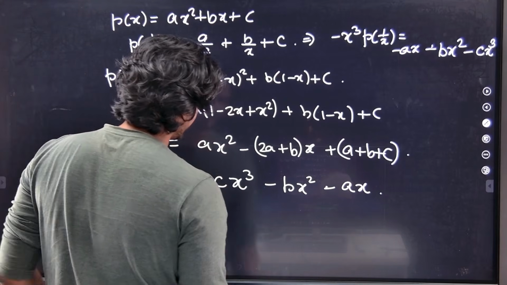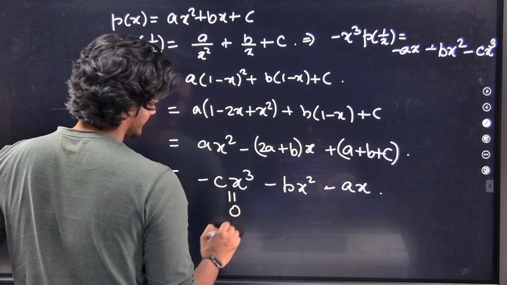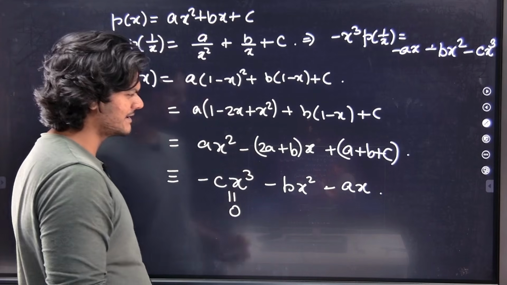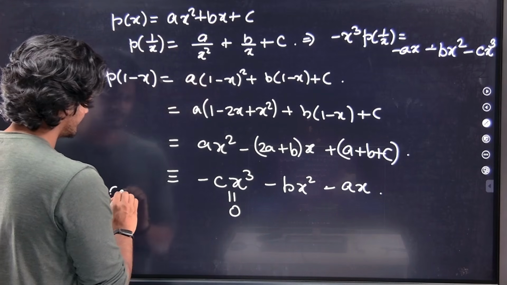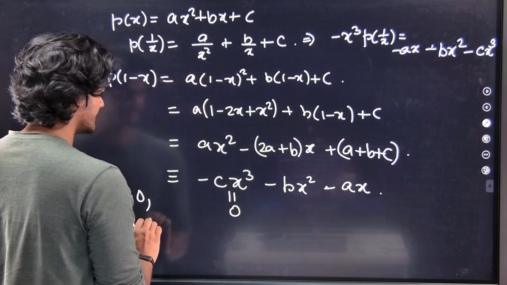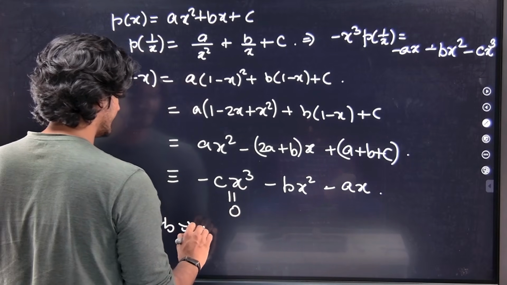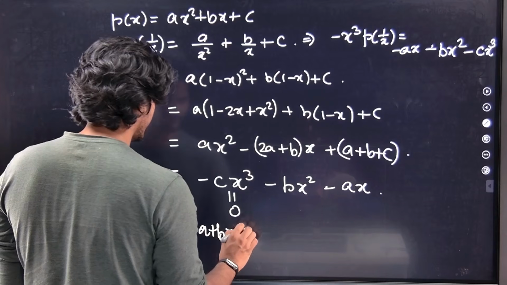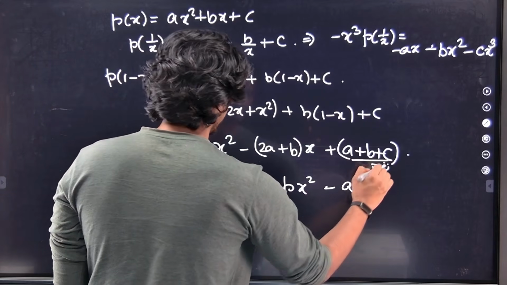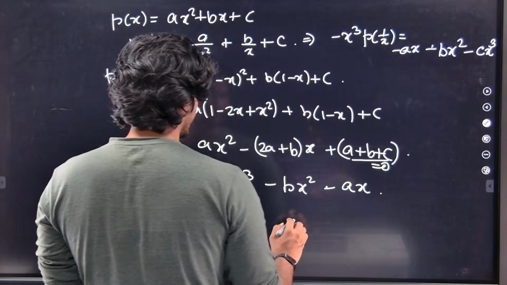It is possible only when c has to be 0. Because there is no x cube term in both of them. We are talking about a quadratic here. So c is 0. What else? a has to be minus b, which implies a plus b is 0. There is no constant term. Very good.